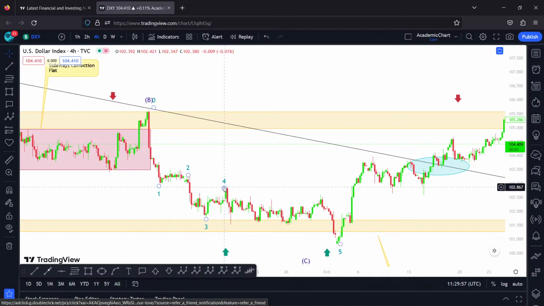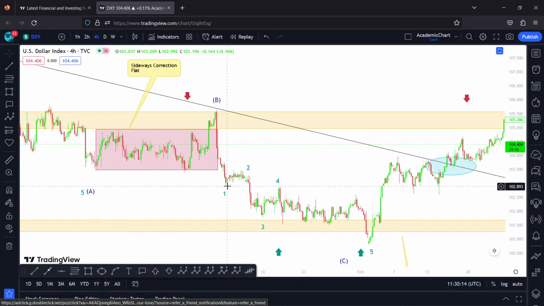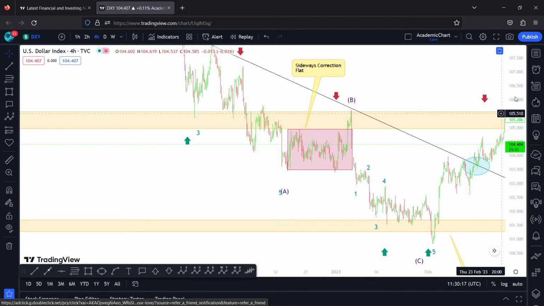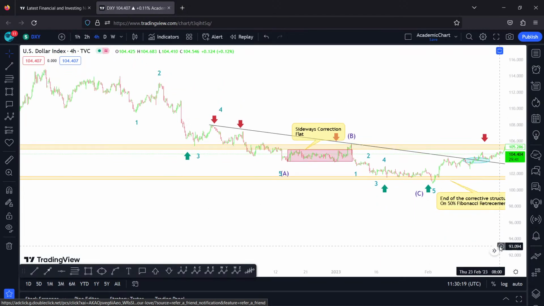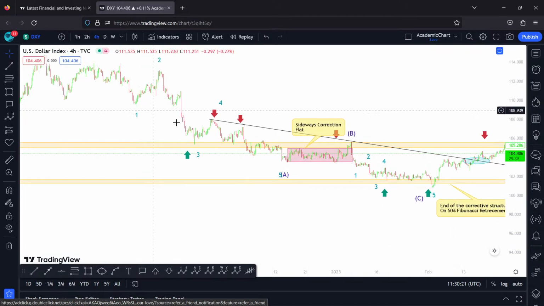And the rule is that when you have a side wave structure in the second wave, the second corrective structure, which is the fourth wave, is going to be a sharp or zigzag correction, and it is vice versa.